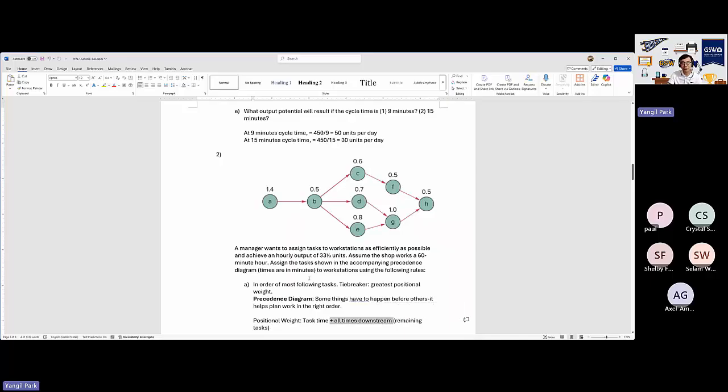For example, for A's positional weight, you need to add 1.4 plus 0.5, then add 0.6, 0.5, 0.5.